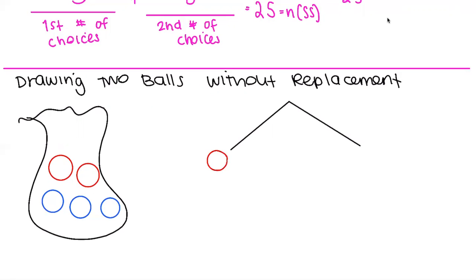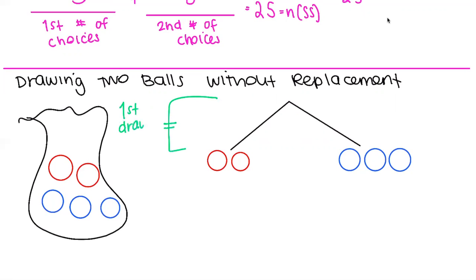We could get a red first, or we could get one of the 3 blues. But now there's a subtlety coming in. I'm going to use a different color here in hopes of keeping this a little bit in our minds. This is the first drawing, no replacement.